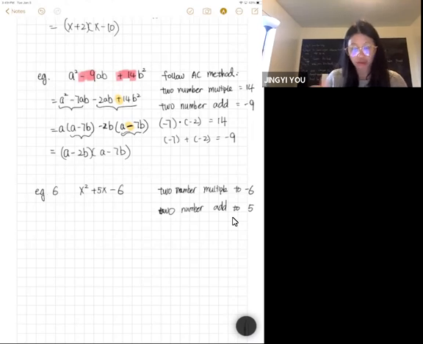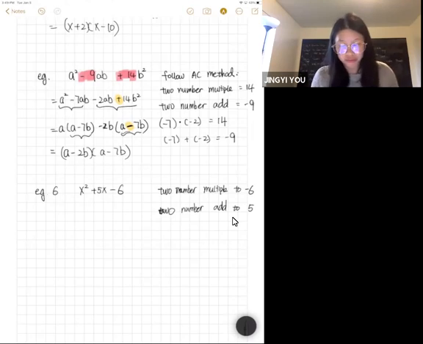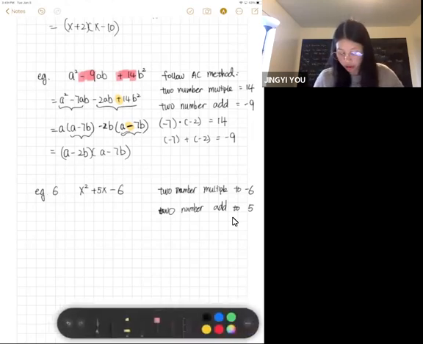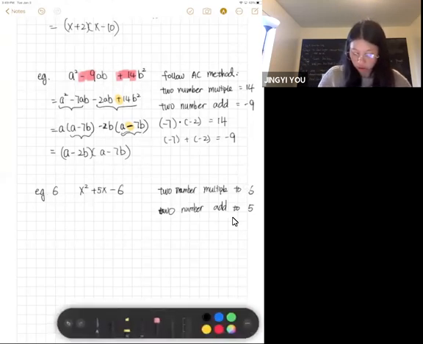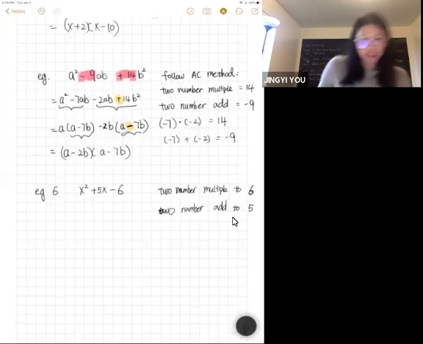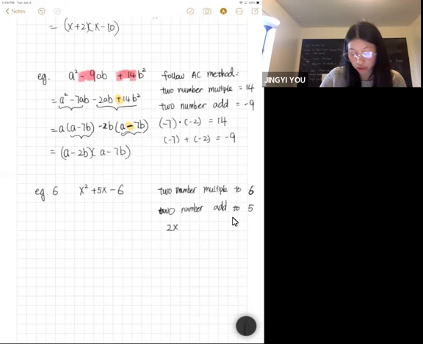If you don't care about the negative sign, let's see what happens. Instead of -6, let's do +6. Two numbers that multiply together to get 6: 2 times 3 is equal to 6, and 2 plus 3 is equal to 5.